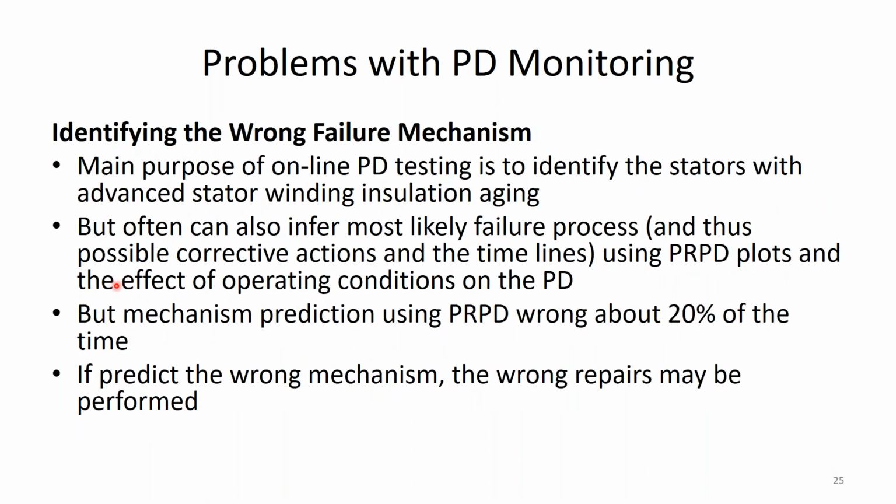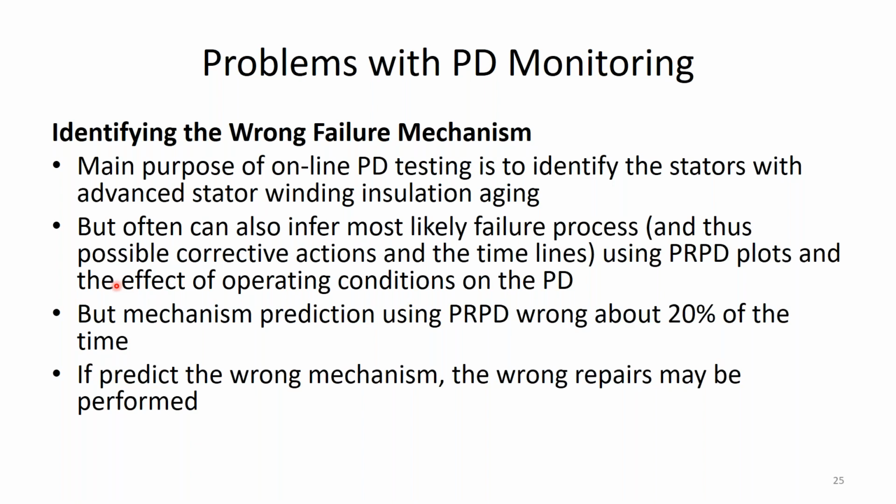One of the other nice things about online or any kind of PD measurement on any type of apparatus is that it can sometimes indicate the nature of the PD. Where is it occurring? Near the copper, near the core. By looking at what we call the phase resolved PD patterns that I showed you earlier, it can sometimes help us identify certain characteristic shapes associated with certain mechanisms, looking at the relationship between positive and negative pulses, and where they're occurring with respect to the AC cycle.